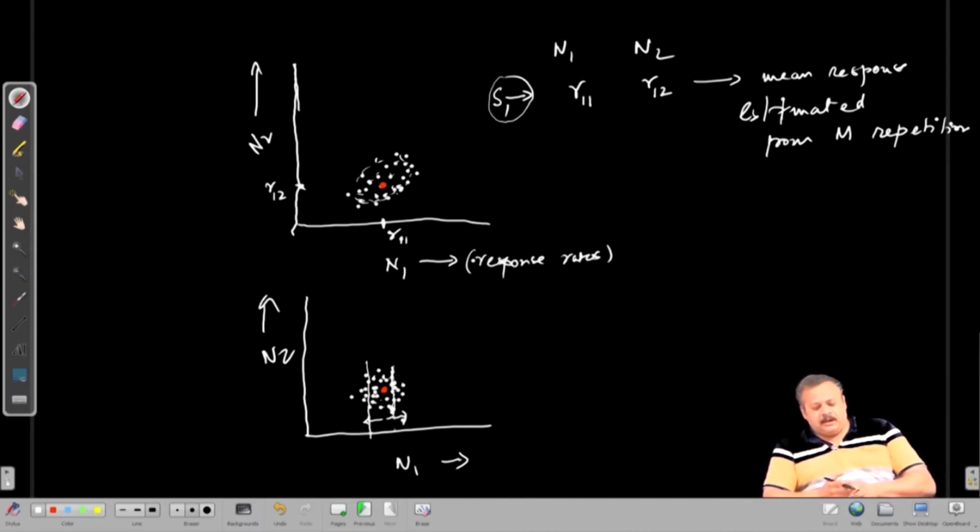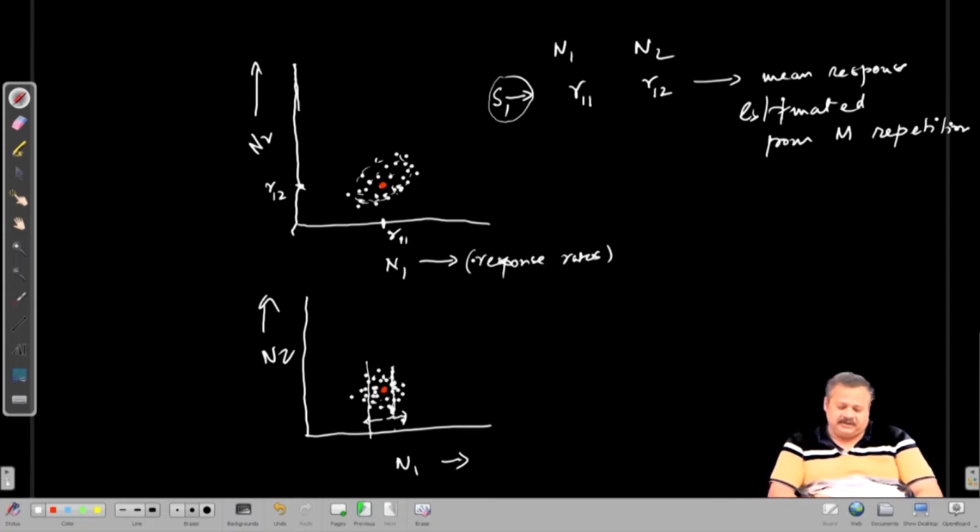So, if we look at the correlation coefficient of the pairs of responses of neuron 1 and neuron 2, in such a case the correlation would be near 0, or not significantly different from 0 statistically.